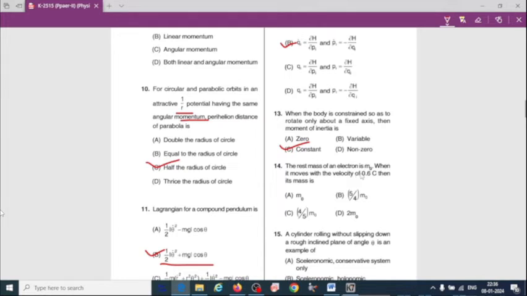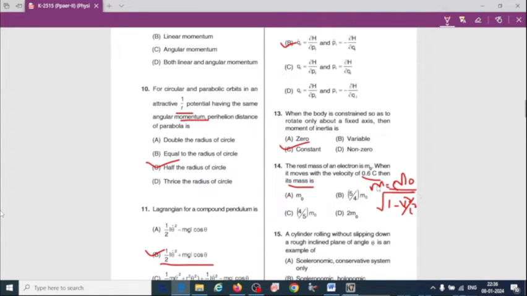So the rest mass of an electron is m naught. When it moves with the velocity 0.6 c, then its mass is, so relativistic mass formula is what, m equal to m naught by root of 1 minus v square divided by c square.